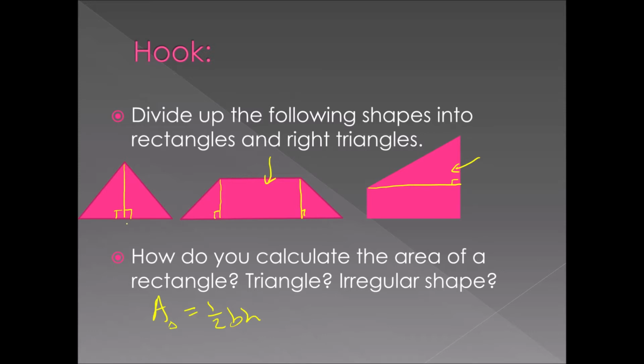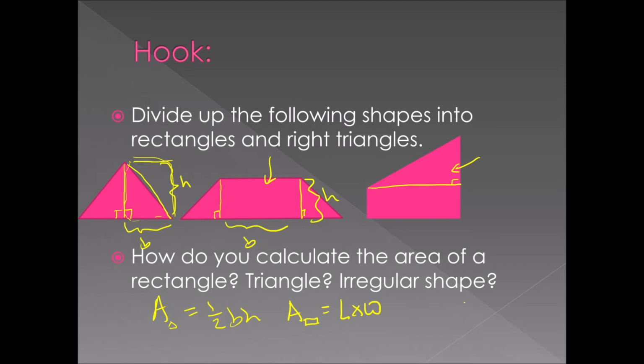So here is the base, this would be the height, and instead of the rectangle being length times width, you only take half of that to find the area of a triangle. The area of a rectangle is just length times width, or base times height.